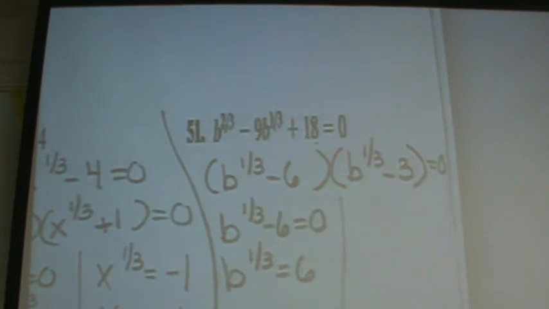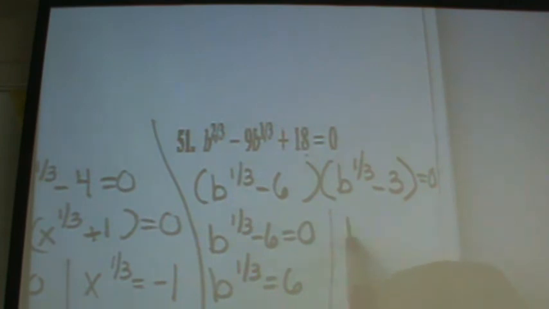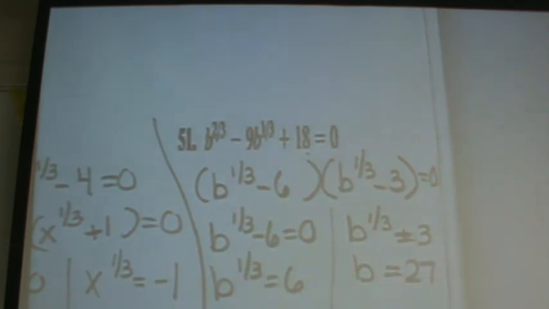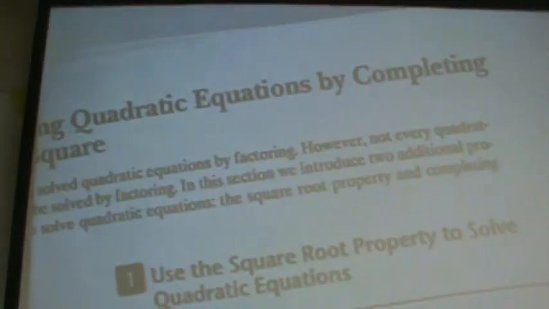So 6 raised to the 3rd power is equal to 216. And we're going to take the 3 and swing it to the other side, equals 3. So this on the other side becomes a positive 3. Cube both sides, so b becomes 27. And I'm going to stop there on 8.4.